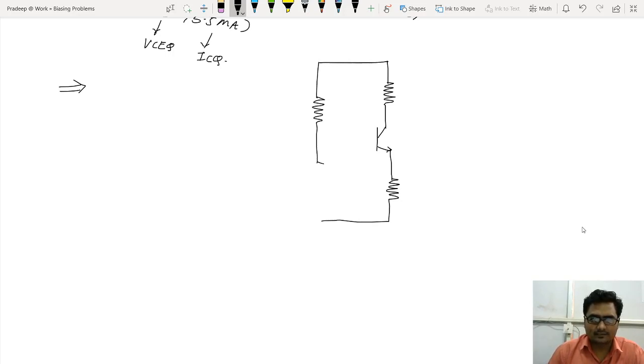Now look at this, R1 and R2 I'm drawing. Here it is grounded, the base has to be connected to the potential provided by R1 and R2. This is RC, okay, and this is RE. Only 4 resistors and 1 transistor.